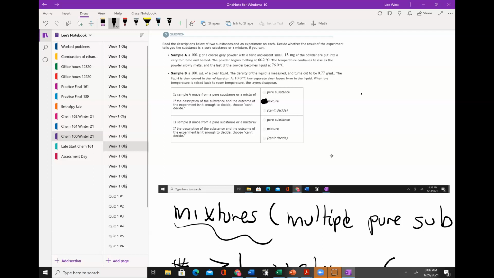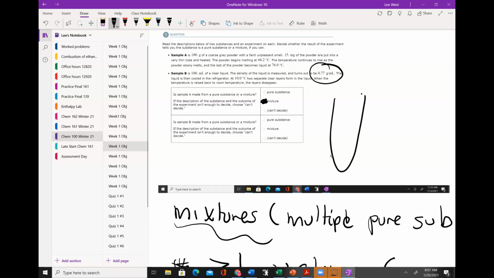Sample B is 100 mils of a clear liquid. The density of the liquid is measured and turns out to be 0.77 grams per mil. The liquid is then cooled in the refrigerator. At 10 degrees Celsius, 2 separate layers form in the liquid. When it's warmed back up, the 2 layers disappear.